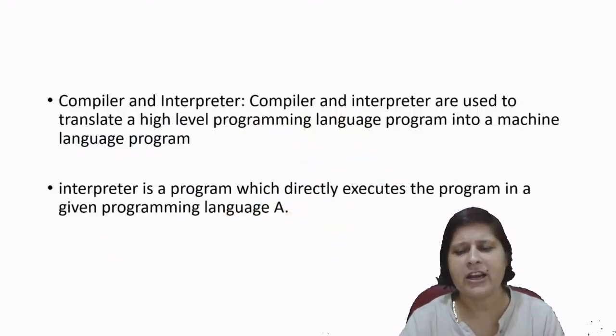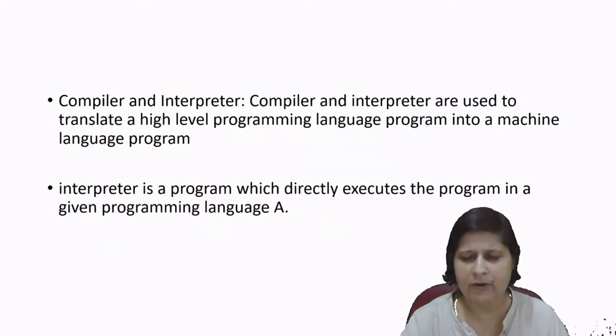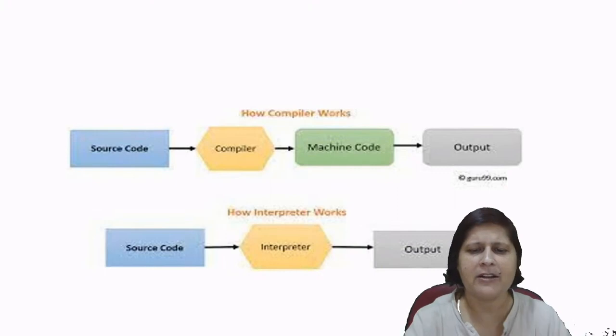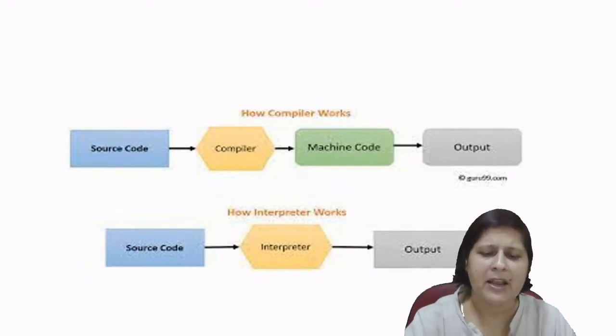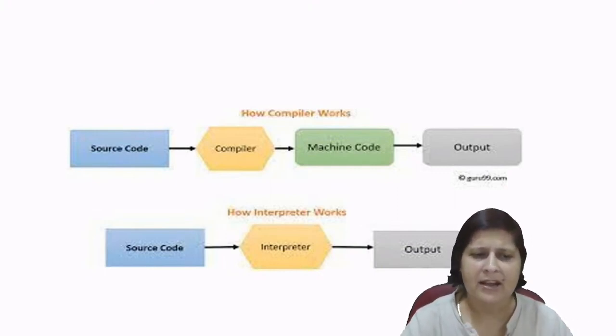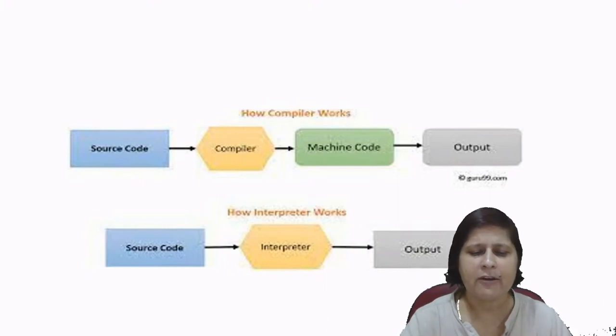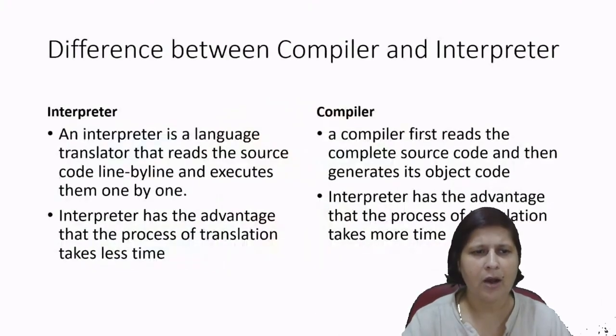An interpreter is a program which directly executes a program in a given programming language. That is the only difference between compiler and interpreter. The compiler first converts the source code into machine code and then gives the output. The interpreter directly converts the source code into output.